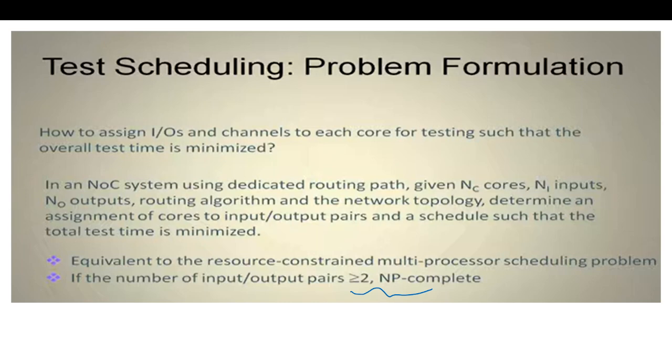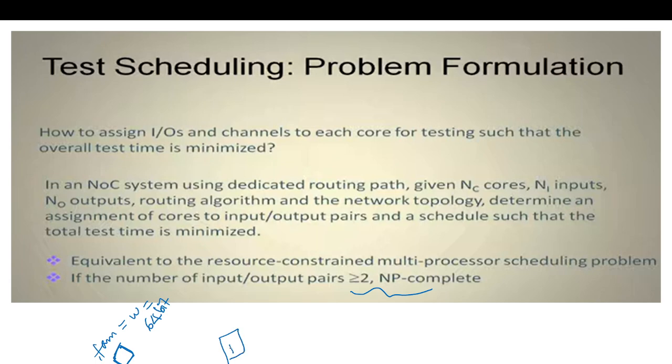Before, if we had a TAM of width W equal to 64 bits, we were able to have a variable width for, say, core 1 and core 2.